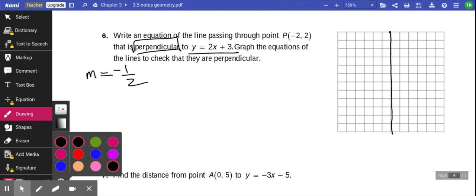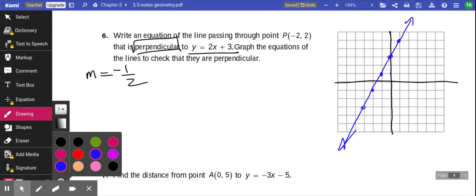So I'm going to draw in my x and y axis. I'm going to go ahead and graph that first line. Again, I think I'll put it in blue. So up 3, and then slope is 2, up 2 over 1, or down 2, back 1. And so this is my line.